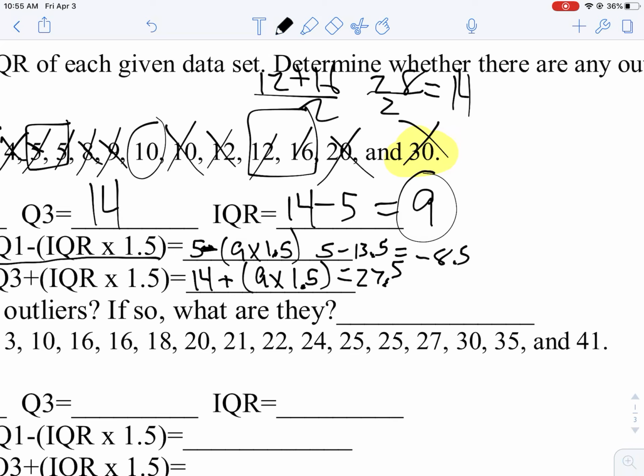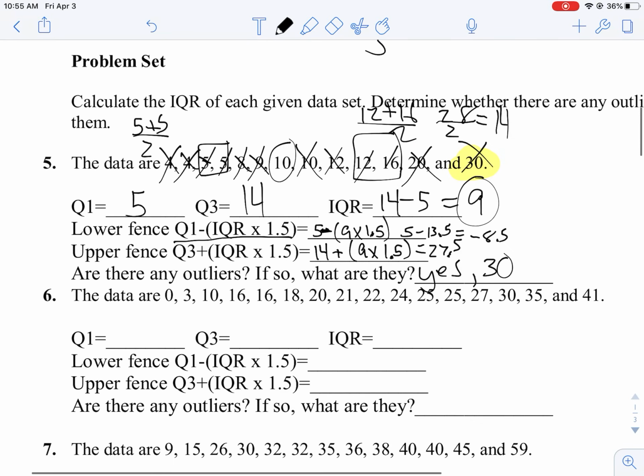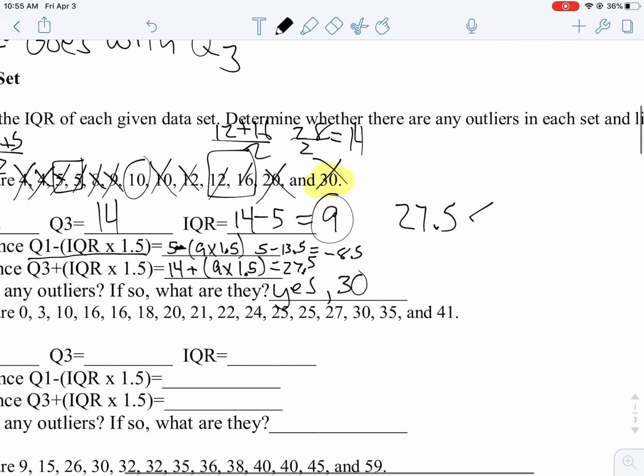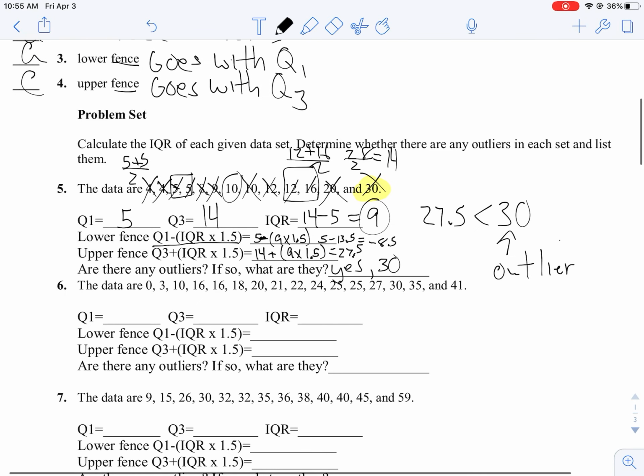It is, yes, it is 30. 30 we throw out, because 30 is over 27.5. So that is my outlier, and it must be kicked out.